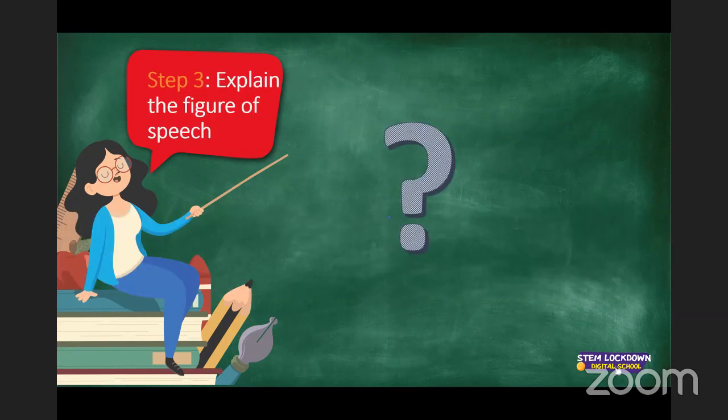Okay, so can you explain the figure of speech there? Just see if you can explain it. If you're asked to explain the figure of speech, how would you do that? How would you explain a simile in this particular piece?